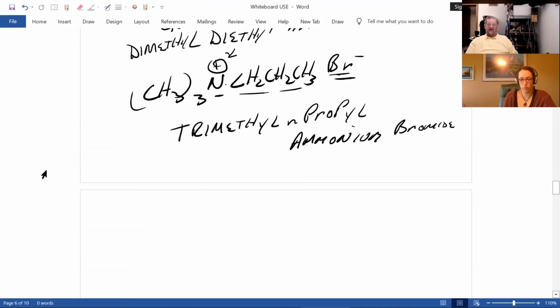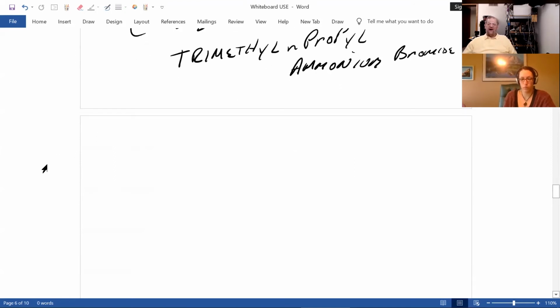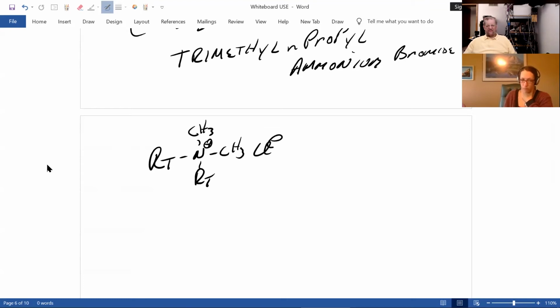Now, I would like to introduce you to a very special quaternary ammonium salt, one that paid my mortgage and other things for many years and got me around the world too. Now, R sub T is tallow.